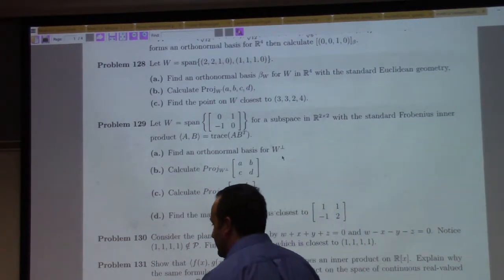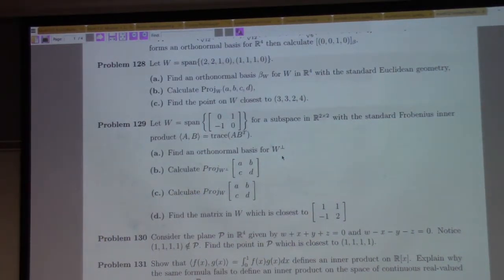Let's see here, problem 128. How should we approach this problem? You did A? So for A, you ran Gram-Schmidt to find the orthonormal basis. Very good.